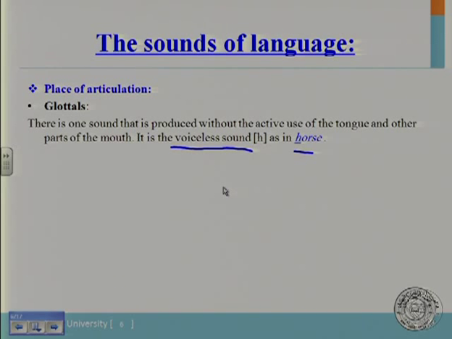So all these words have only one thing in common, that they begin with the sound h, and the symbol of h is this letter H.